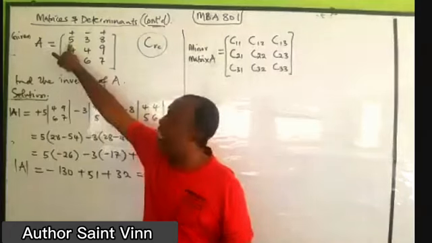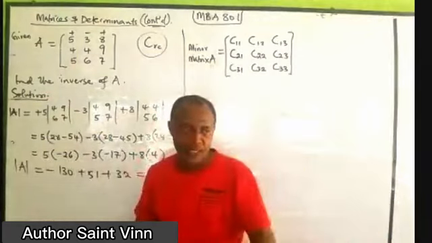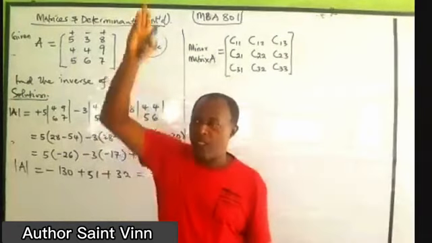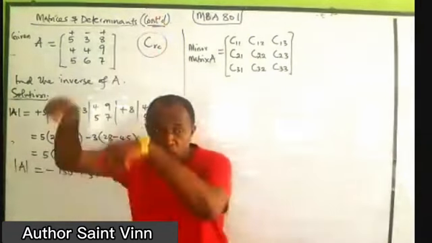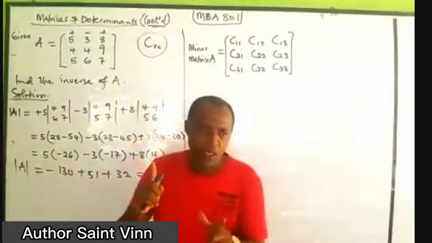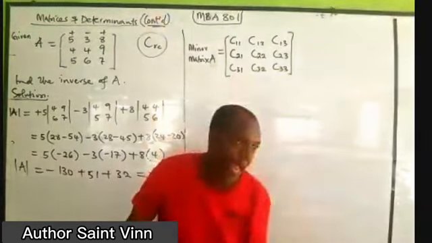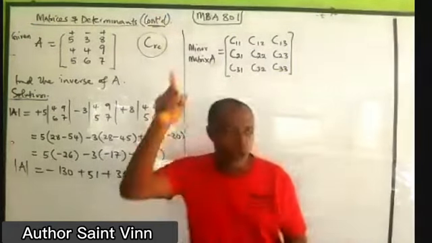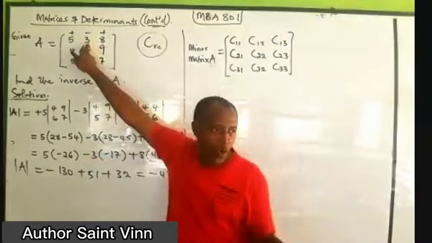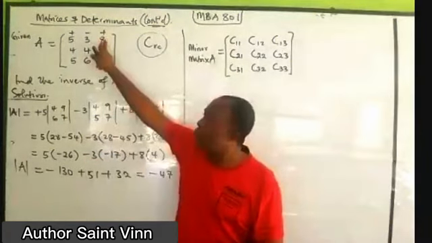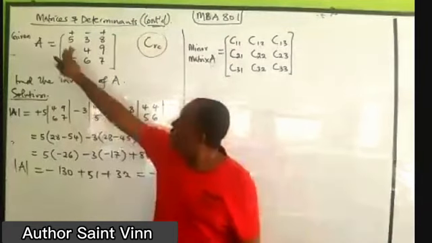This 5 represents an element occupying the first row and the first column. That is row 1, column 1. The next one will be row 1, column 2. This 3 is row 1, column 2. This one is row 1, column 3.